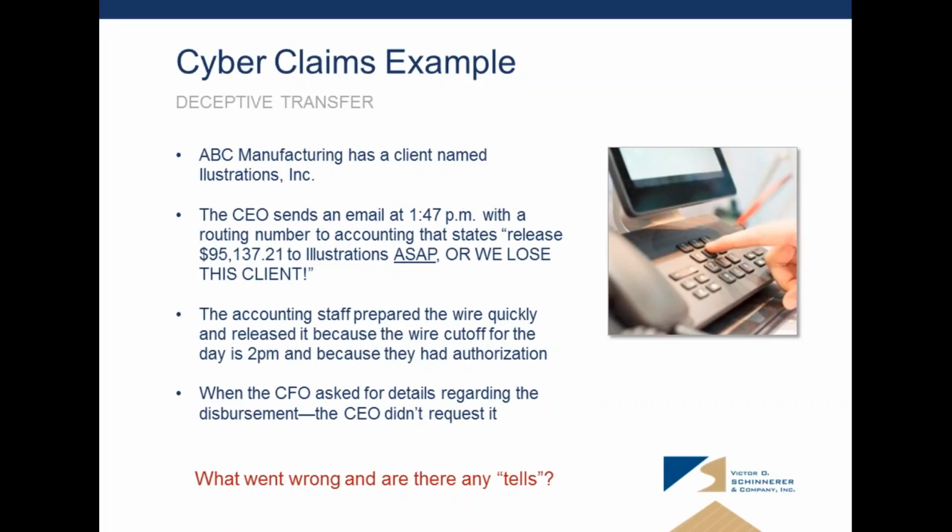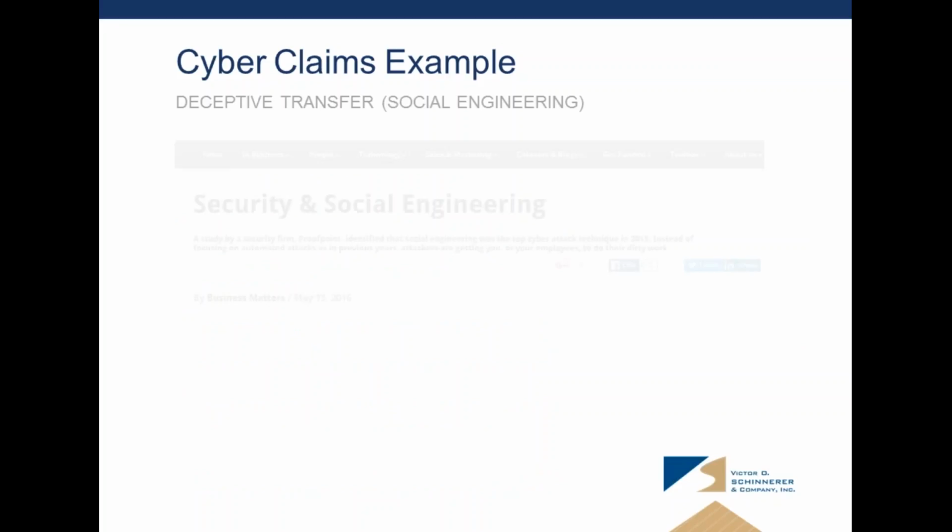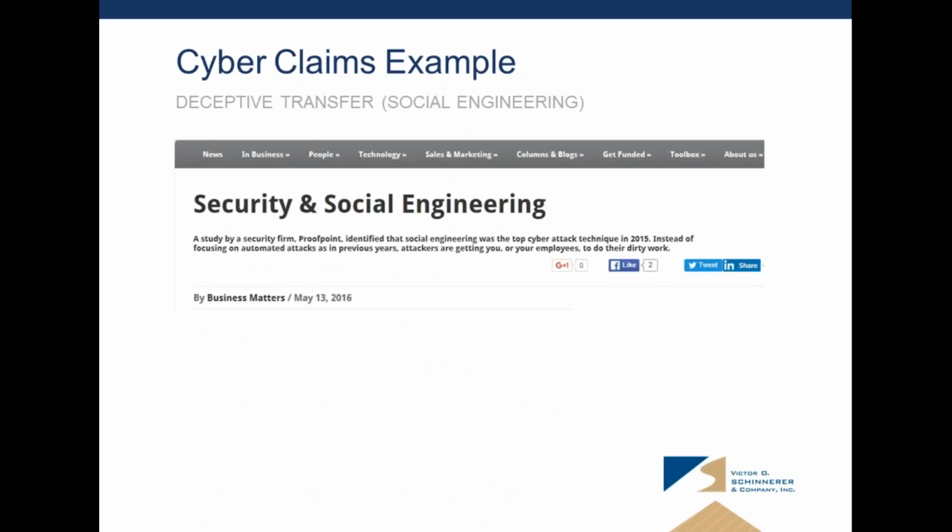So with that, I just wanted to point out a couple of articles that have actually come into play in the last 2 weeks. So we literally have 3 different articles that are talking about security and social engineering.